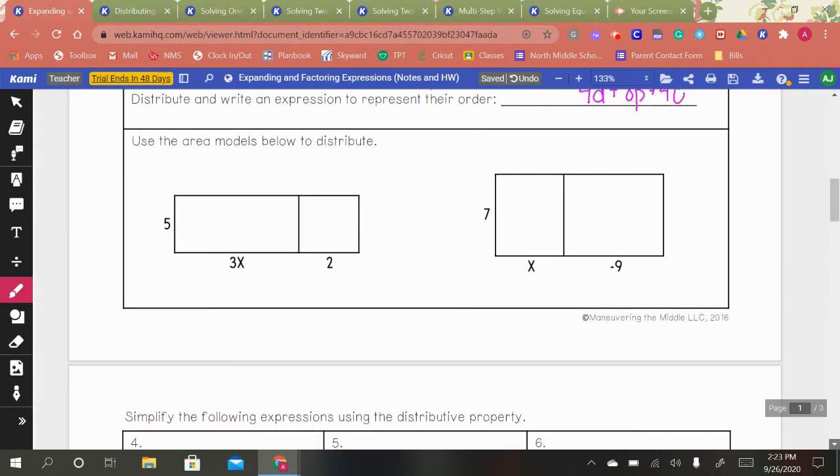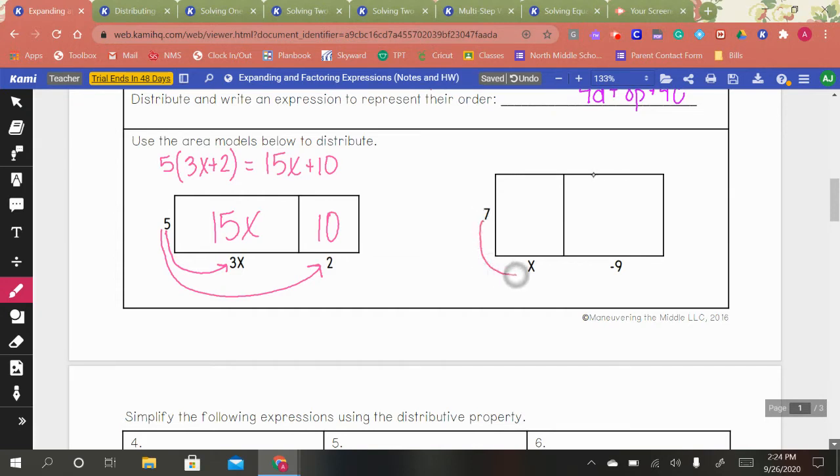Use the area models below to distribute. We are going to take the 5 and we are going to distribute to the 3x and to the 2. 5 times 3x is 15x, and 5 times 2 is 10. So when I go to write my problem, I have 5 parentheses 3x plus 2 is the same thing as 15x plus 10. Okay, and all we did was distribute.